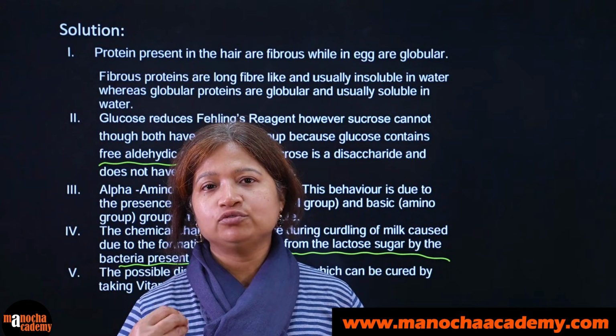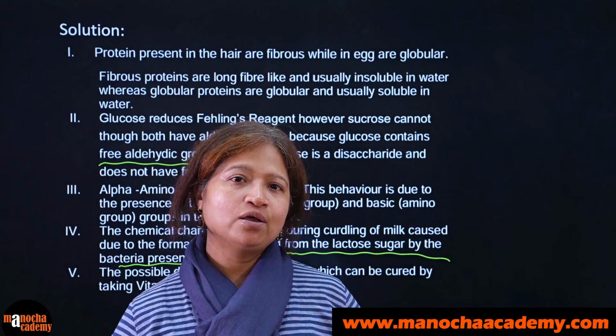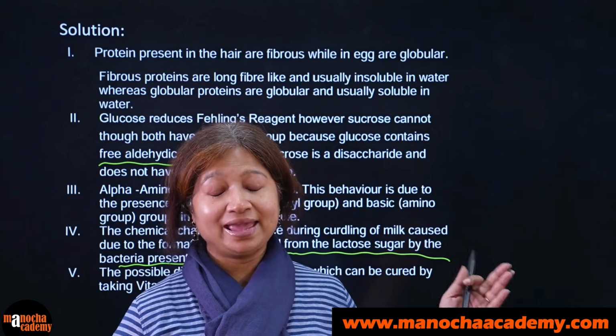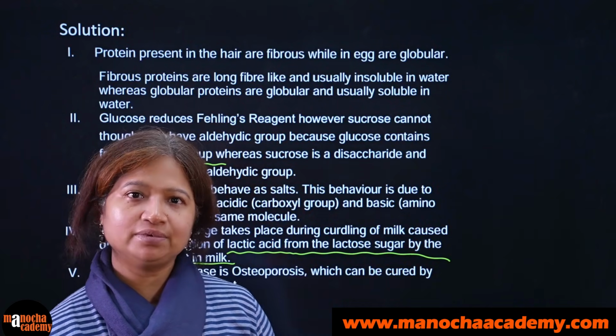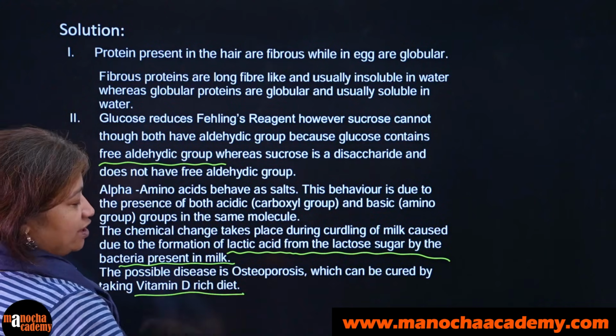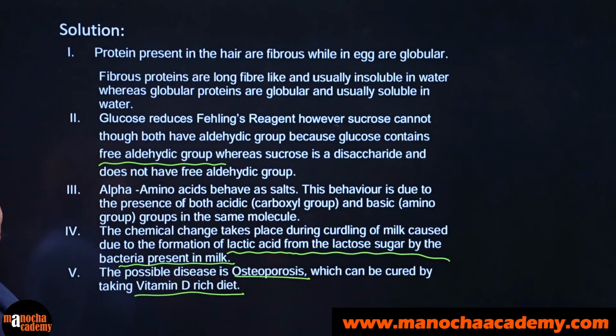First of all, we have to either take a vitamin D course, a medicine course once a year, as well as be in the sunlight and eat food that enriches the vitamin D in our body system. So it's a vitamin D rich diet they have mentioned, and this is osteoporosis, a very common problem at old age.